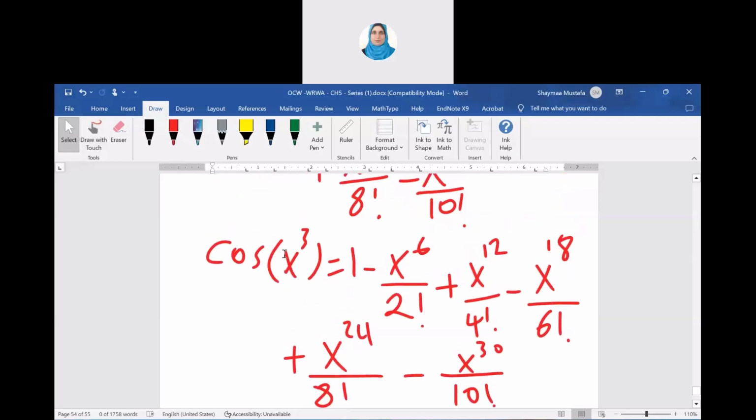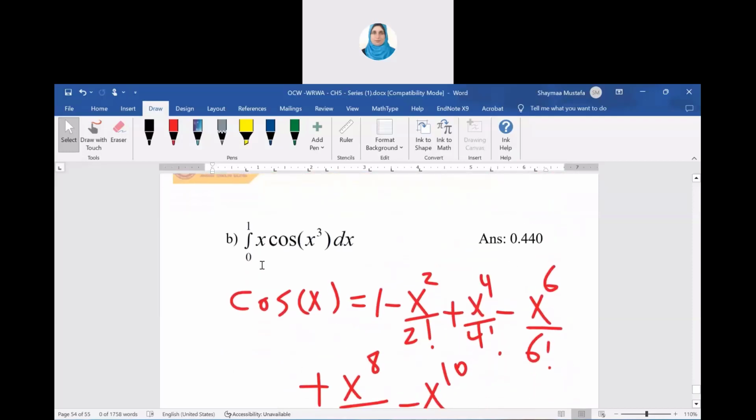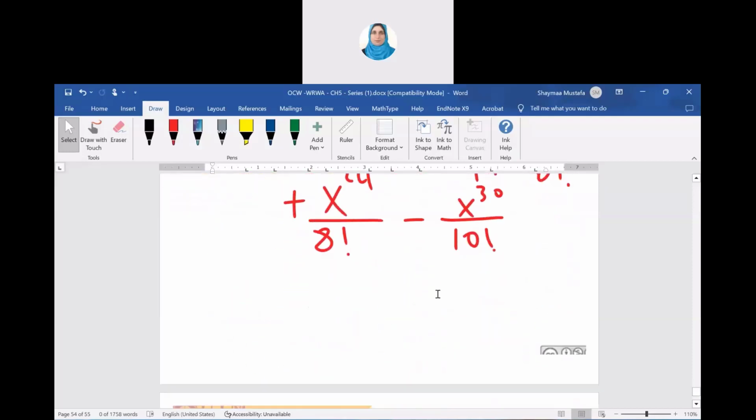So this is the Maclaurin series for cos x cubed. You need to multiply by x and then integrate. So x cos x cubed. Maybe we can write on the next page.